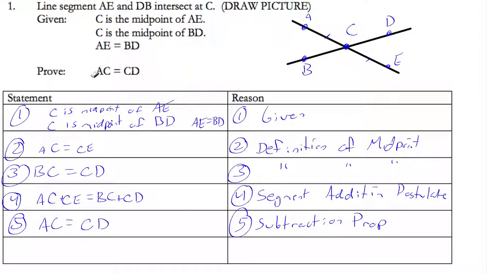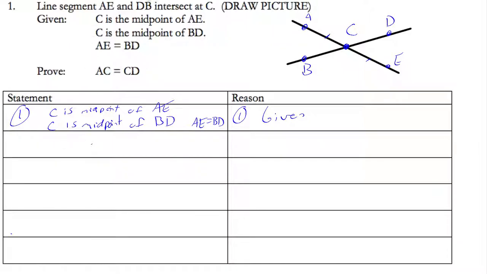So, tell you what, why don't I take the time right now and go through this again. So we start with what we're given. For number 2, if C is the midpoint of AE, then we know that AC plus CE is equal to AE, and BC plus CD is equal to BD.